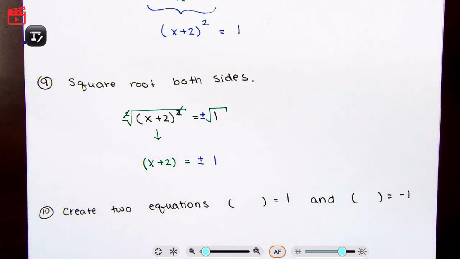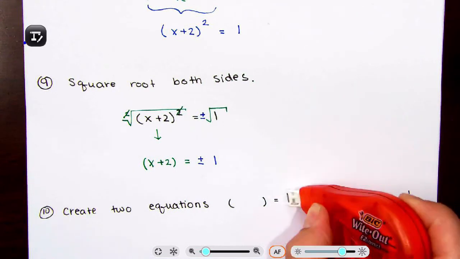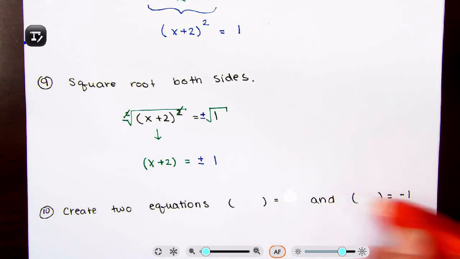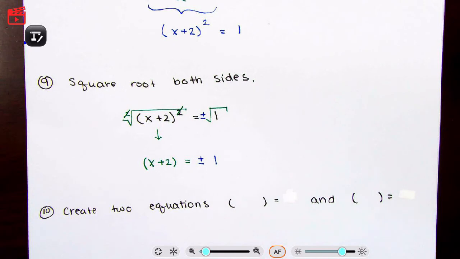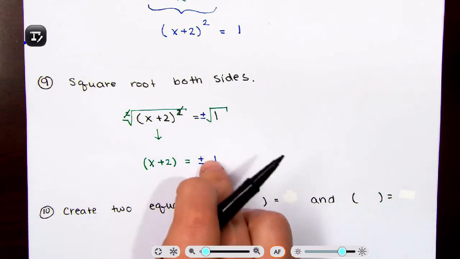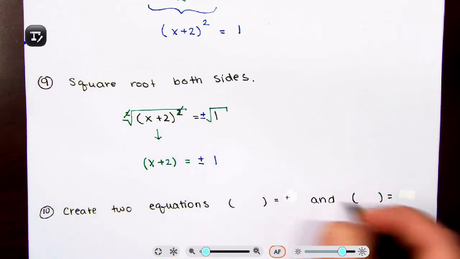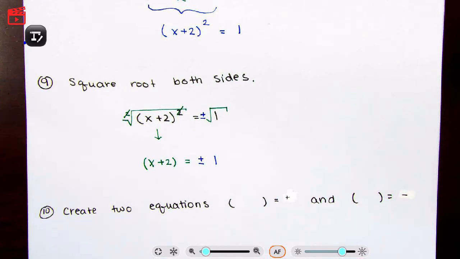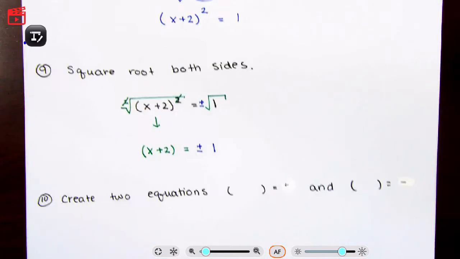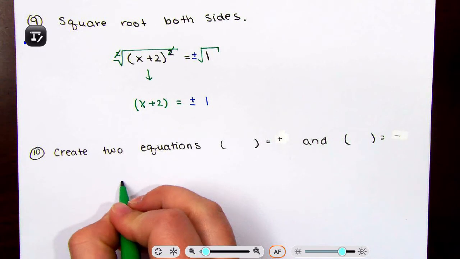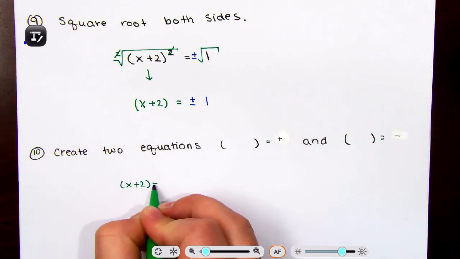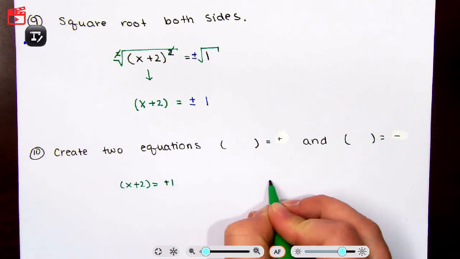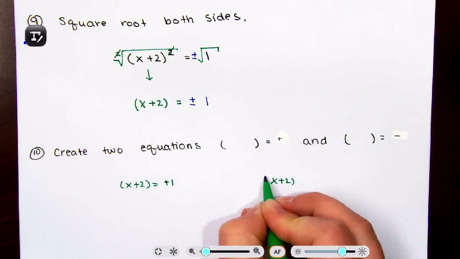I don't want to specify 1 because it's not always going to be 1. It's going to be whatever the square root of this value is. One of them is going to be positive, one of them is going to be negative. So in our example, we have x plus 2 is equal to a positive 1 and x plus 2 equal to a negative 1.